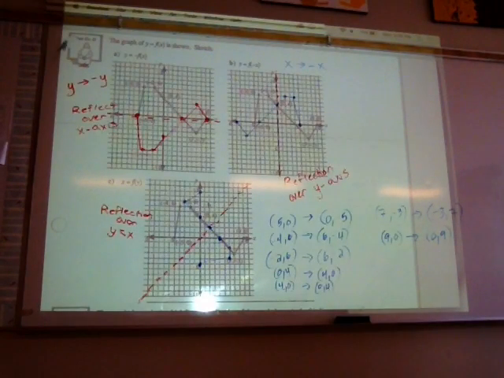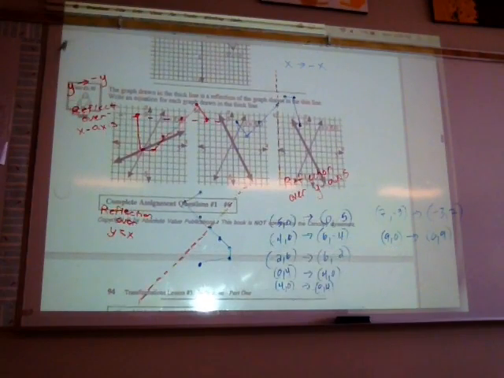And we should have the same shape, it's just reflected over the line y equals x.